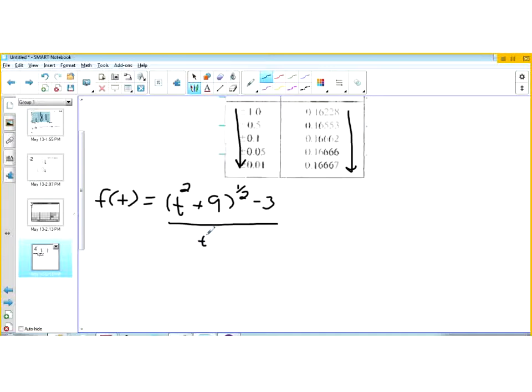Now let's see if this will work. All right, now if I were to multiply upstairs and downstairs of this rational function by the conjugate of the numerator, this is what the multiplication would look like. I propose that we do this.